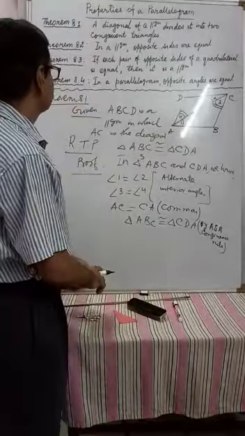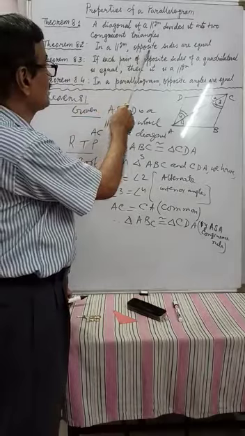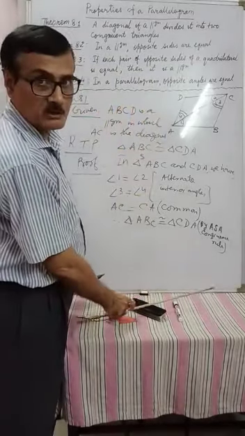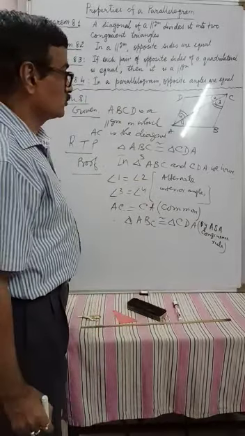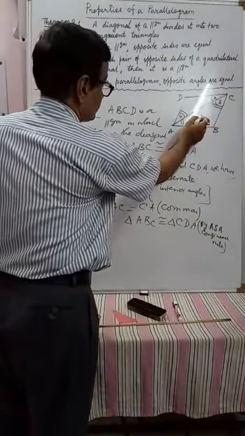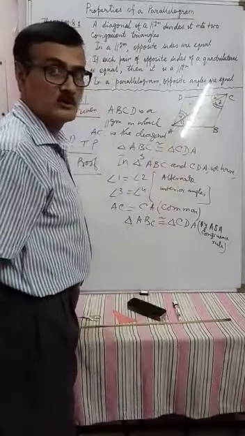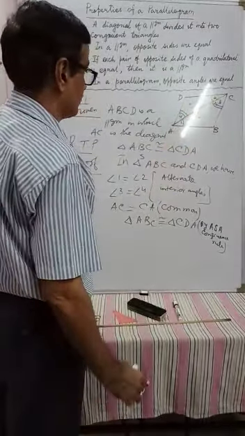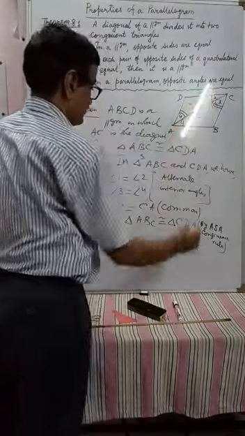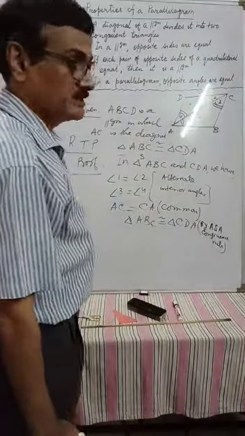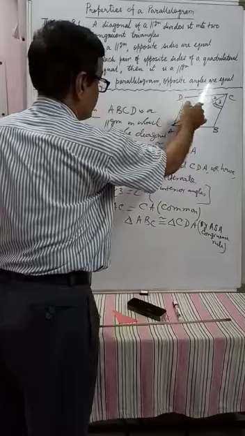Now for the second theorem, the next property: in a parallelogram opposite sides are equal. In order to prove that, again we have to prove these two triangles congruent, namely triangle ABC and triangle CDA. If they are congruent, by CPCT we can say AB is equal to CD and BC is equal to DA.